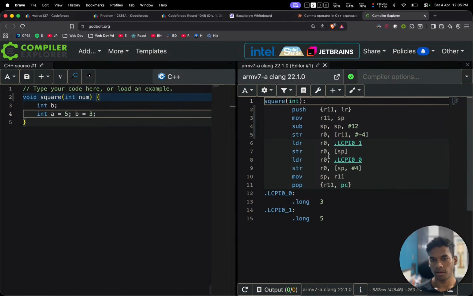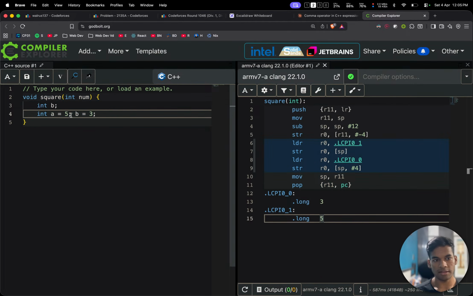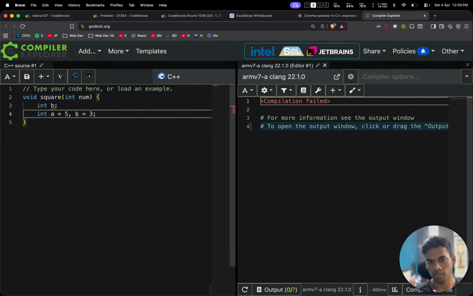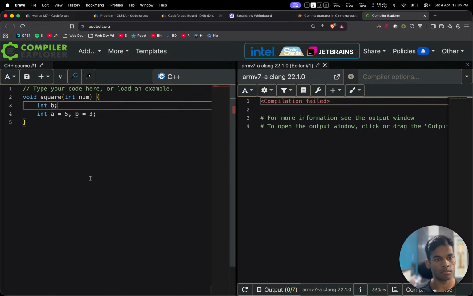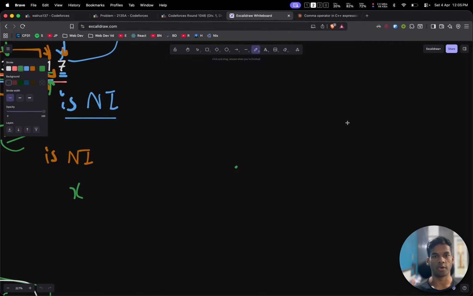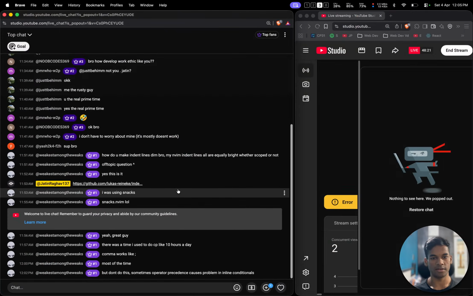This compiles to this assembly, and if we change this with a comma, we cannot do this any longer. Okay, fine.